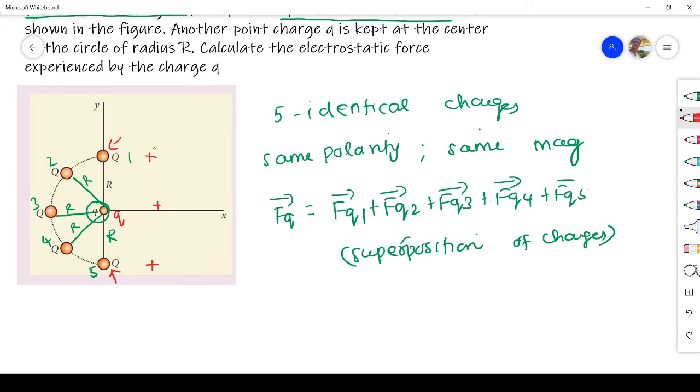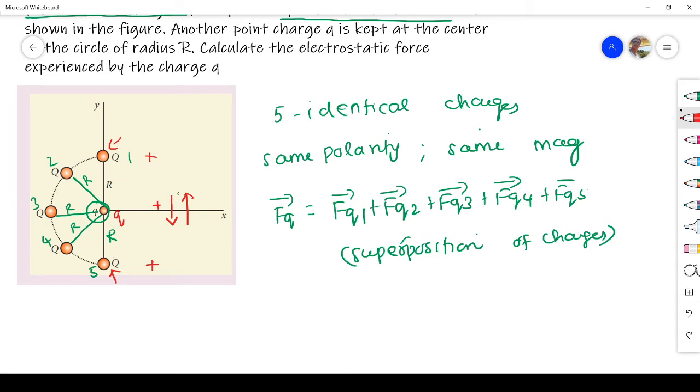This q1 will create a repelling force because of the same polarity, so it will push in this direction. Q5 is also positive, so it will push q in the other direction, but the force will be equal because q1 is equal to q5.